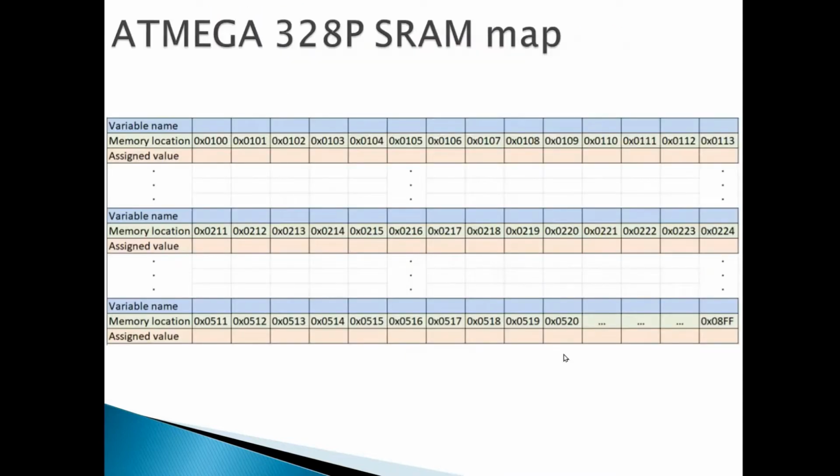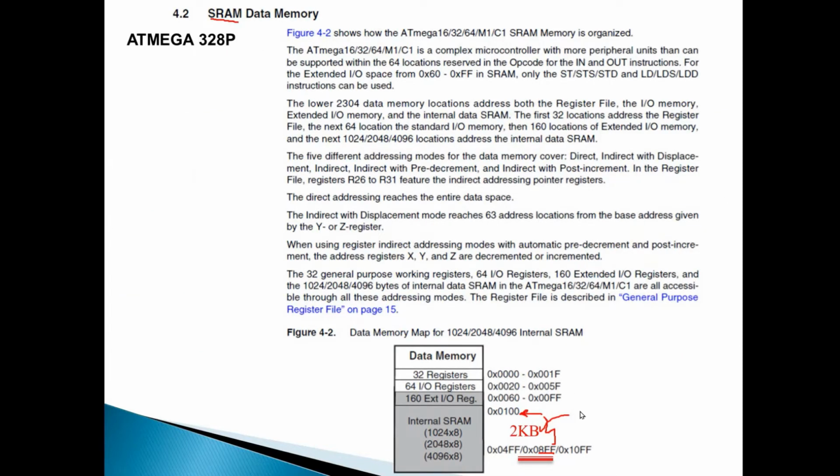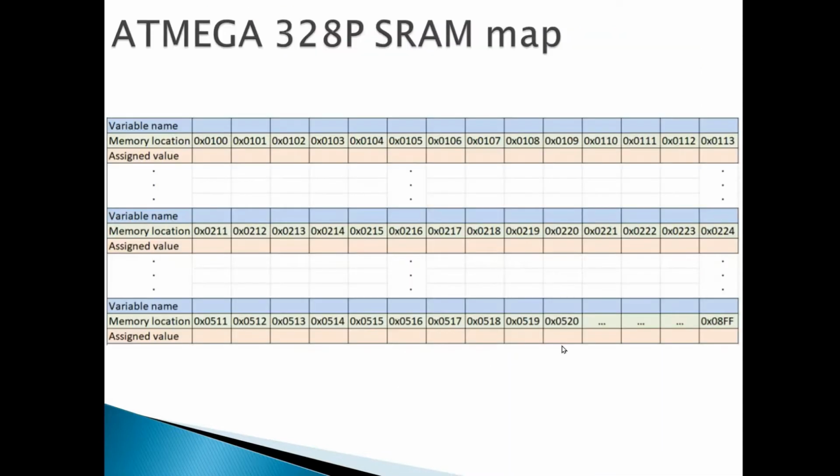So as we know, since we have 2 kilobytes of memory, the memory locations will start from 100 in hexadecimal all the way to 08FF.